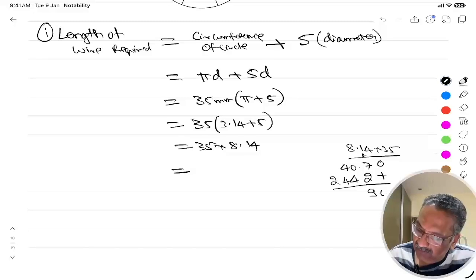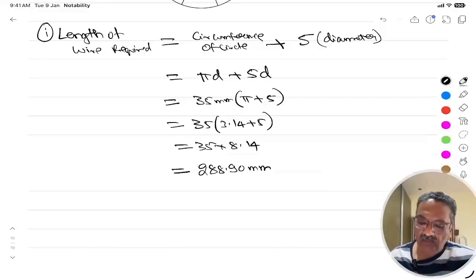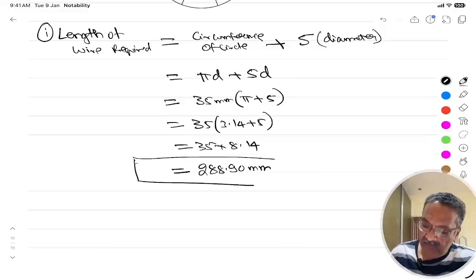So we get 288.90 mm. This much length of wire is required. This is the first portion.